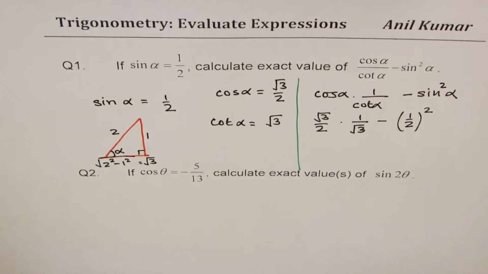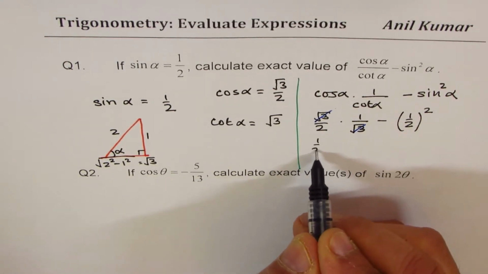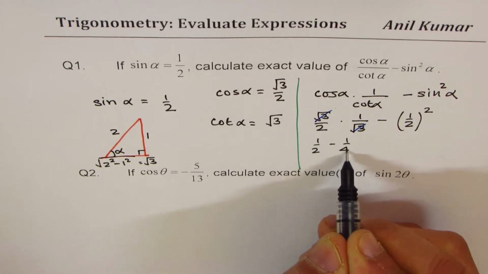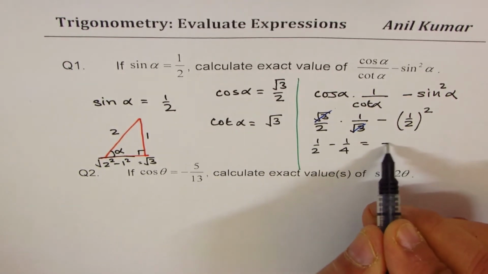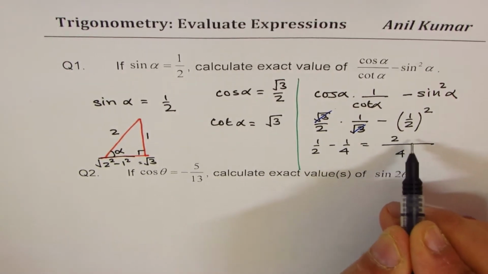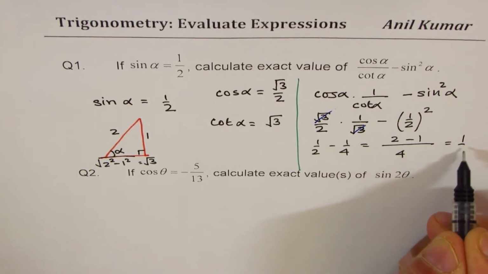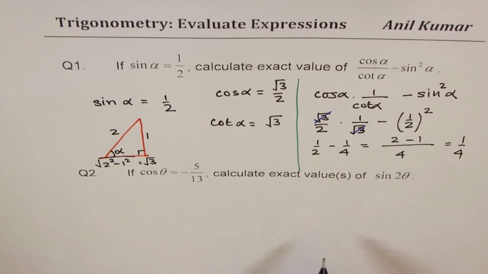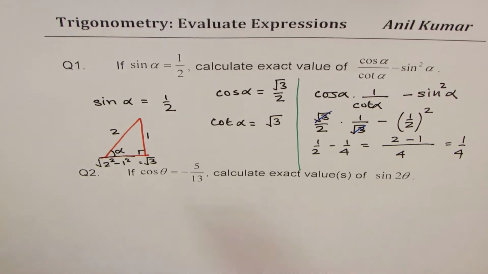So the square root 3 cancels, and you're left with half minus 1 over 4. Common denominator is 4, so you get 2 minus 1, which gives 1 over 4 as the answer. So we get the first answer.